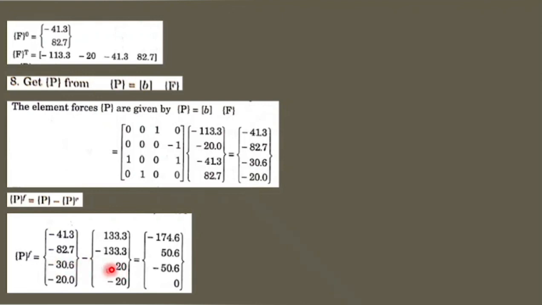So if you add that, you will be getting minus 50.6, and final value will be minus 20 plus 20. So minus into minus will become plus, it will become 0 here. And this is your final bending moment. You got 174.6, plus 50, minus 50 and 0.